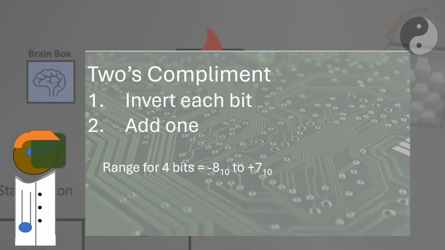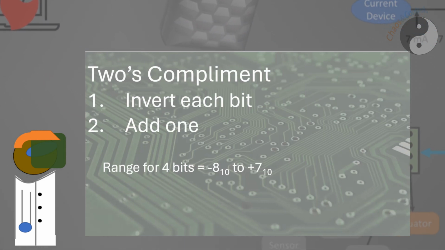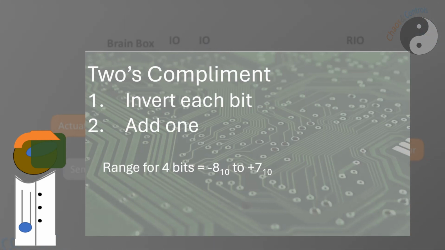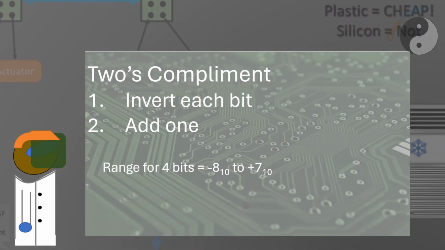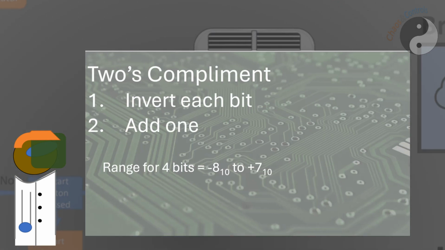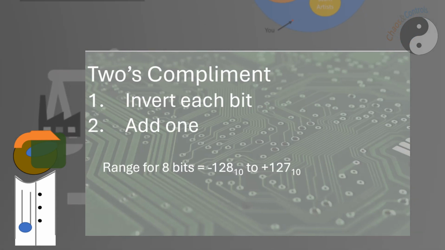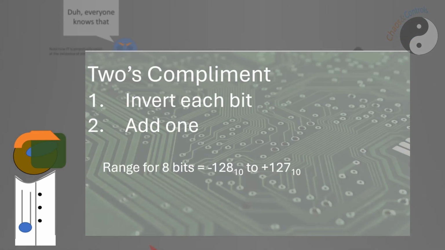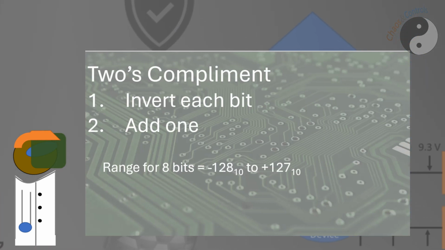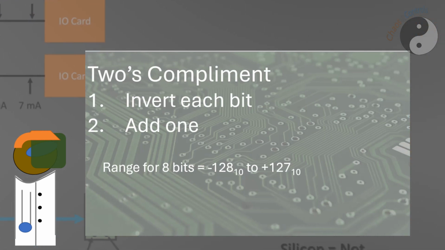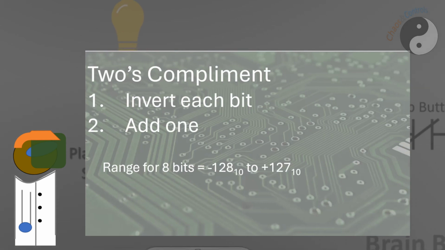And that's kind of interesting. Certainly it probably would have been a little more useful if we had gotten an extra positive number out of it, but that just wasn't in the cards for making the math work out well. And so if you jump up to 8 bits, if you go look at the range of an 8-bit signed integer, Google will tell you it's negative 128 to positive 127.